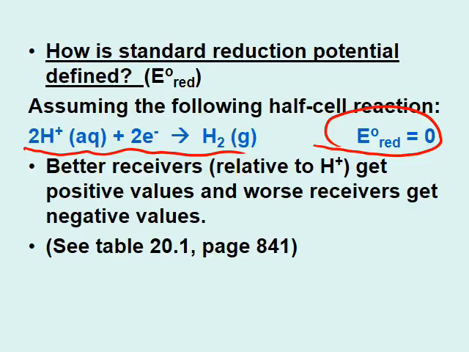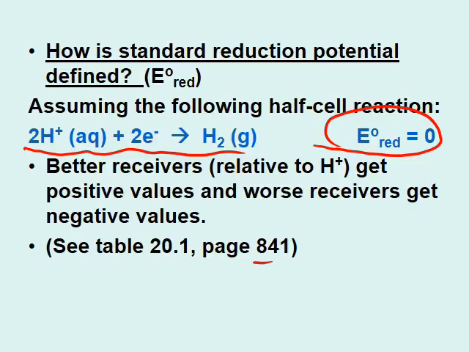That means H+ as the receiver of electrons gets zero value, and everything else would be in comparison to this. So anything that is a better receiver than H+ would get a positive number. If it is a worse receiver than H+, it would get negative numbers. So if you look at the table at page 841, you'll see those numbers.